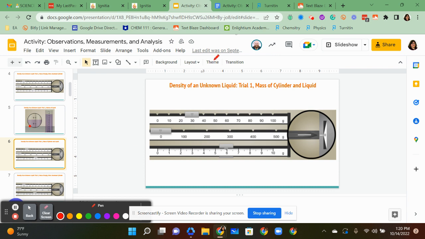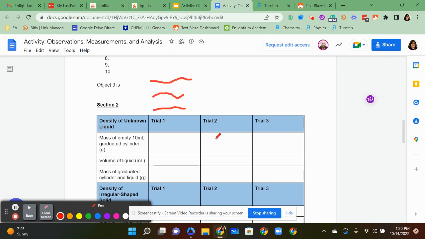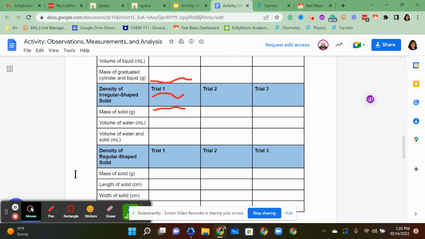So you just completed trial 1. The next thing that you need to do is trial 2 and then trial 3. Once you're finished with that, then you are going to record data for the density of an irregular shaped solid.